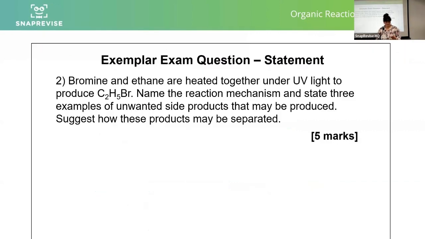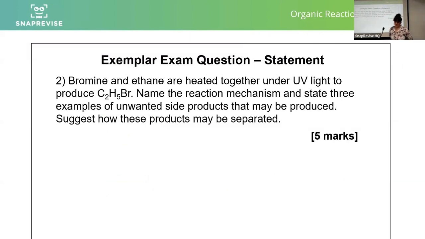Okay, let's have a quick go at this one. I'm not going to give you too much time to do it because I'm very aware that I could easily run out of time going through all of this stuff. But bromine and ethane are heated together under UV light to produce C2H5Br. Name the reaction mechanism and state 3 examples of unwanted side products that may be produced.